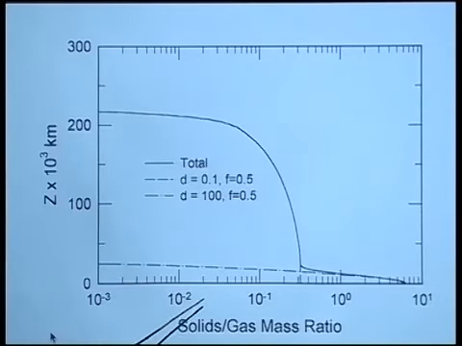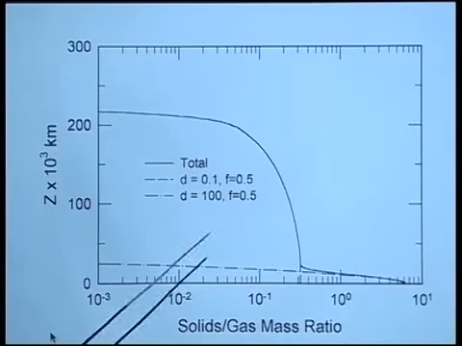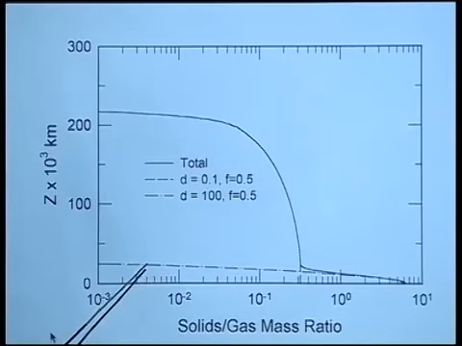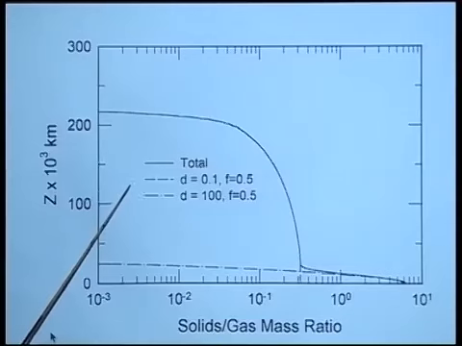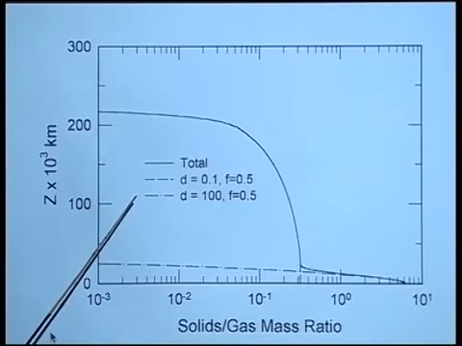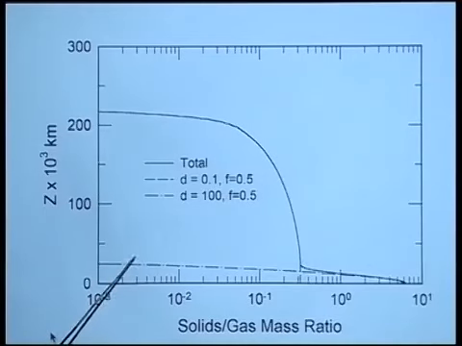The meter-sized particles are squashed down into this thin, dense layer. The millimeter-sized particles are in a much thicker layer, and there's actually very little effect that the meter-sized particles have on the structure of the thicker layer of millimeter-sized particles. They're really only affected down in this region.